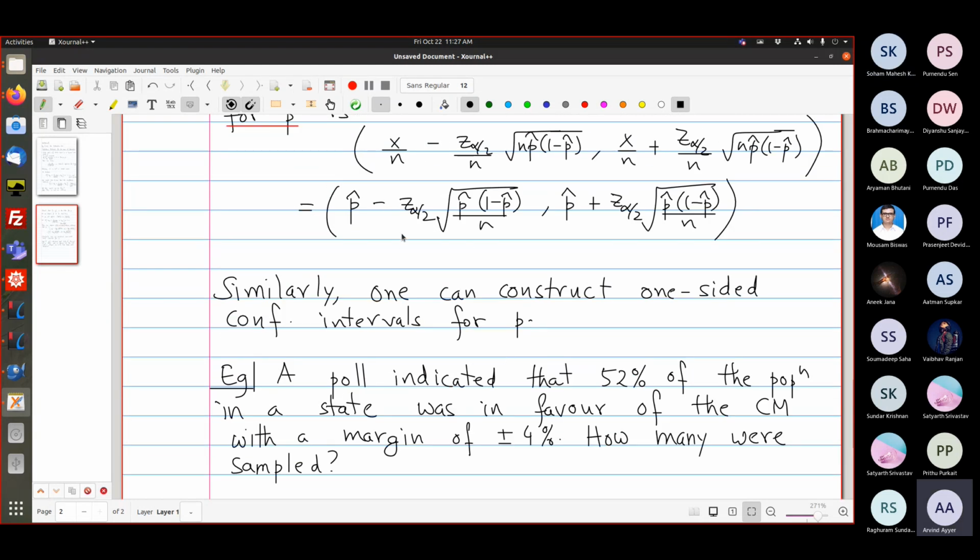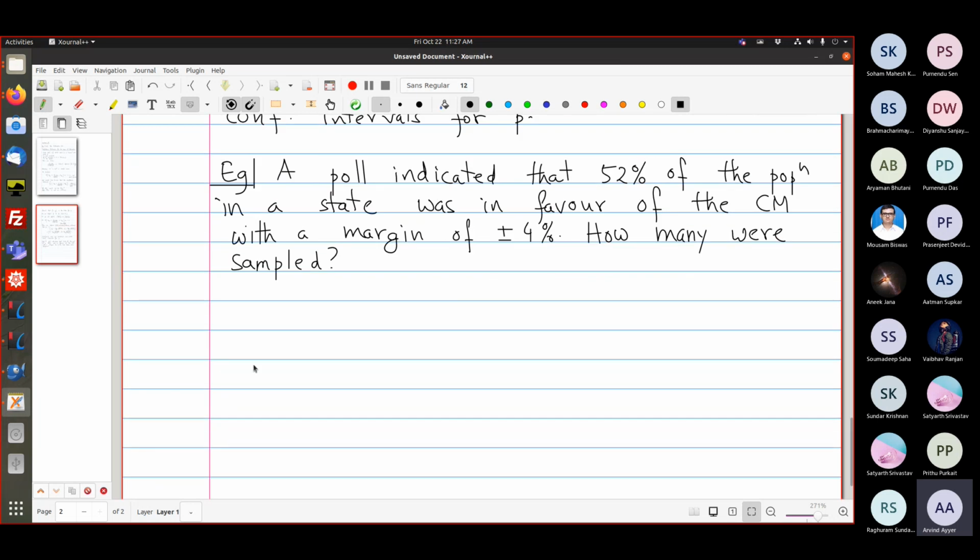So you see, the plus minus 4% refers to the fact that this quantity is the same as this quantity, and you have 52 plus minus 4%. So 52 minus 4 to 52 plus 4%. And as Soham rightly points out, it is standard to take 95% confidence intervals in these polls.